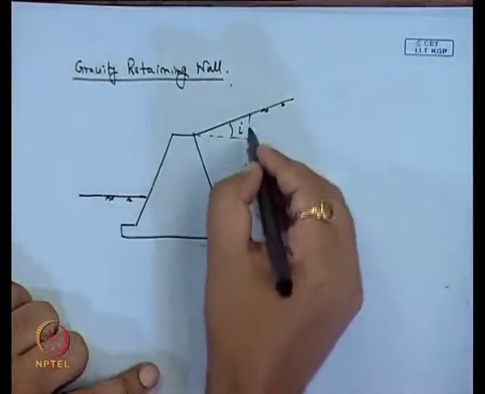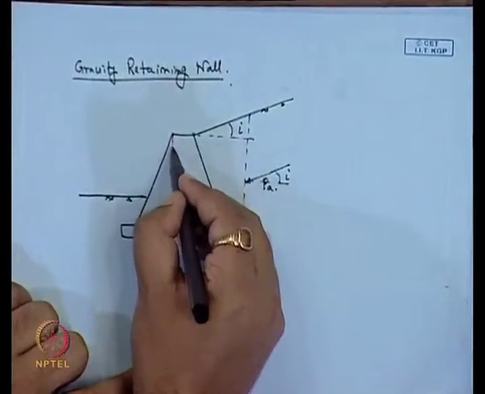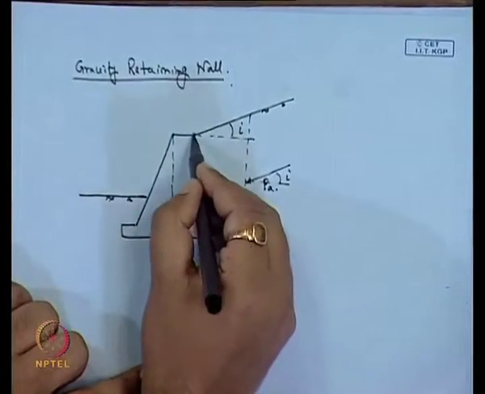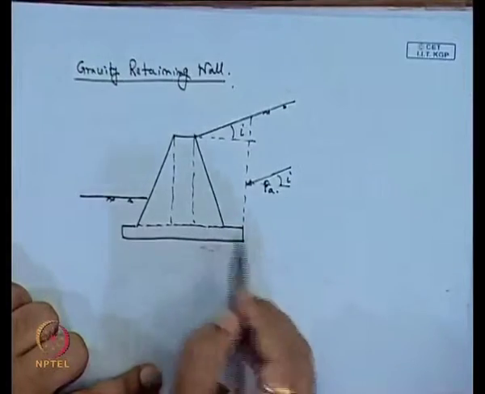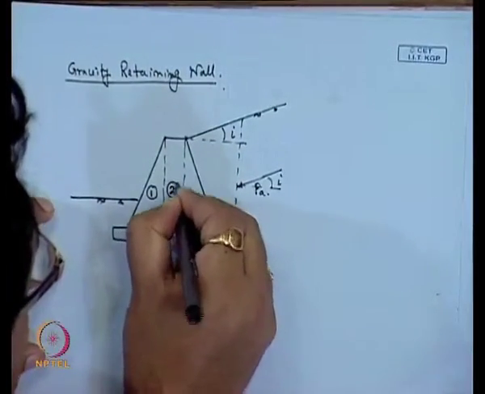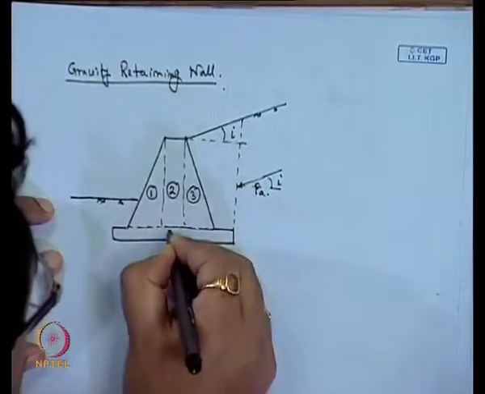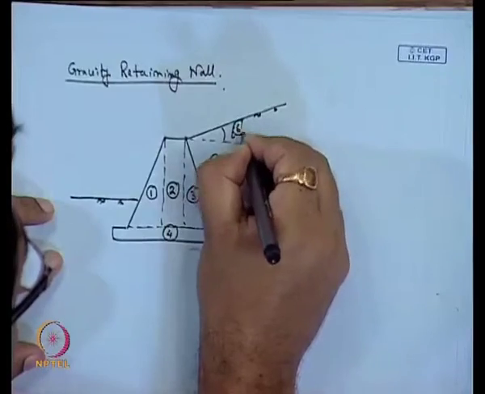Then you have to consider the weight, and if it is this form, then we divide this part. Suppose this is segment 1, segment 2, segment 3, segment 4, segment 5, segment 6.